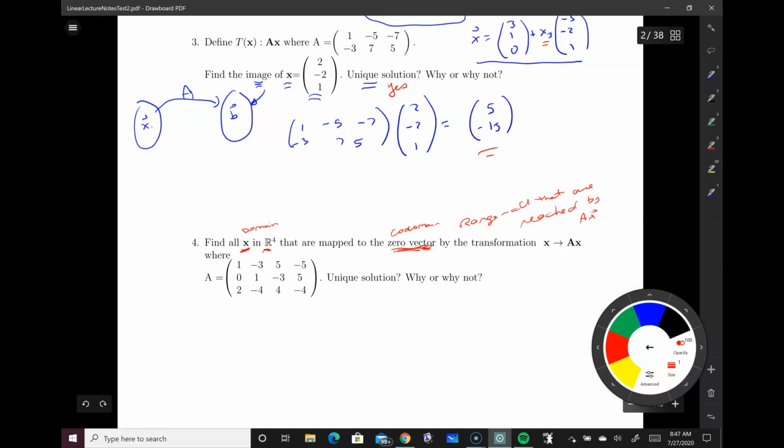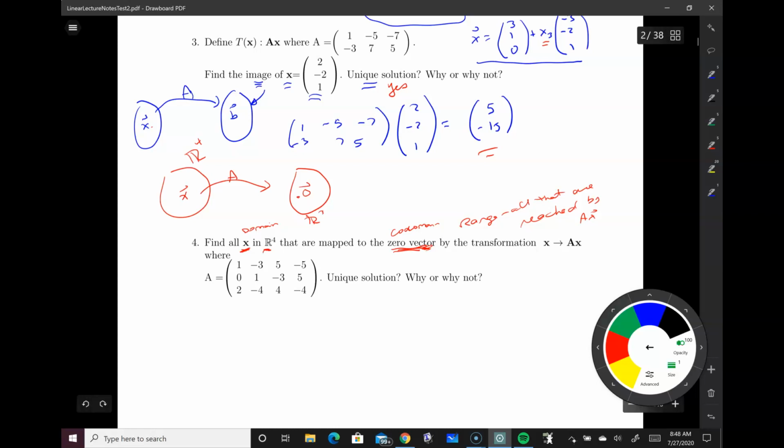Okay, so here I've got my domain, which is all of R4. Those are my x's, and I'm using my matrix multiplication of A, and I'm going to my codomain, and because I see that the size of this is 3 by 4, I know this is R3, so I'm looking for all of the vectors x that go to the 0 vector.